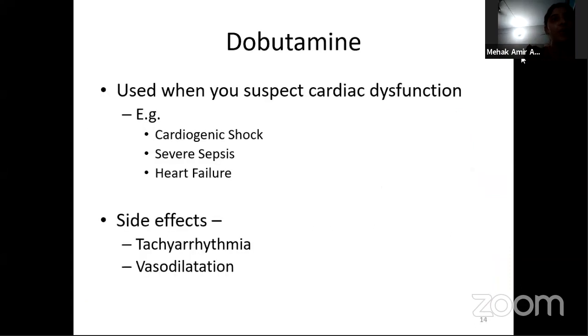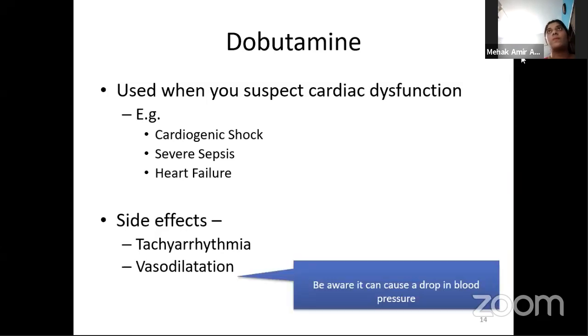Next slide, please. Now the dobutamine. It is used in cardiac dysfunction, like cardiogenic shock, severe sepsis, heart failure, and it can drop the blood pressure because it triggers beta receptors in the vessels, and it tends to vasodilate in certain cases as well.